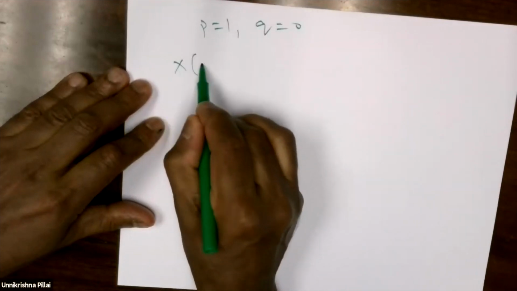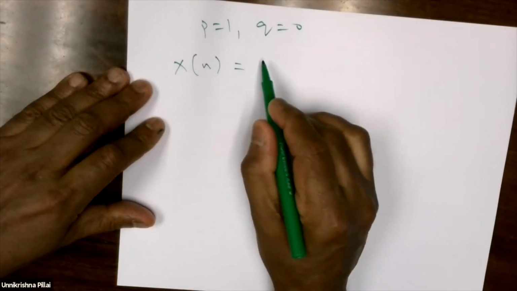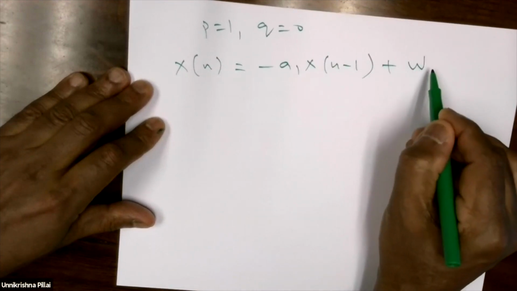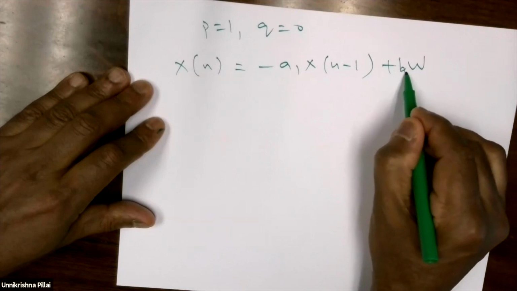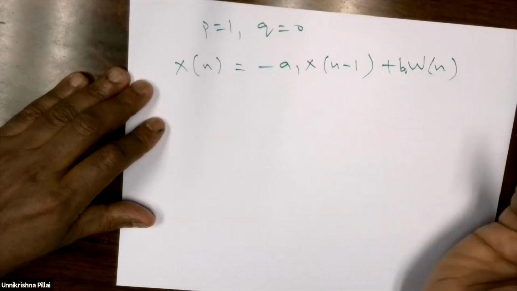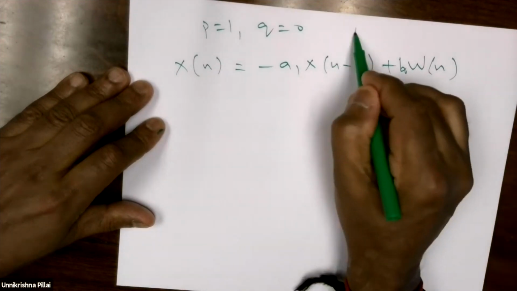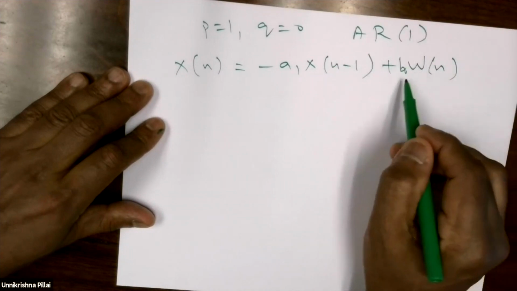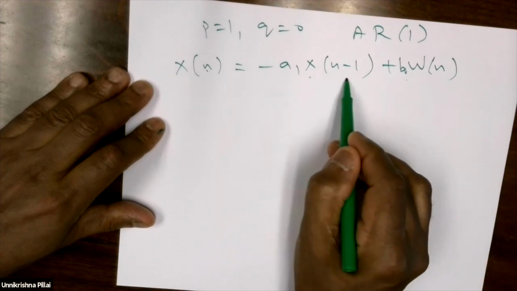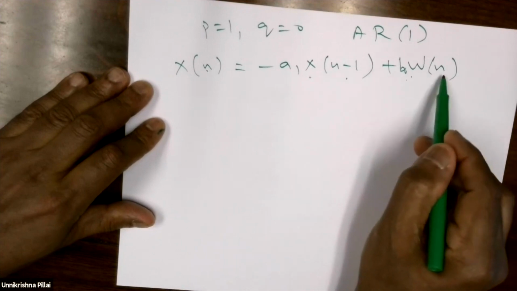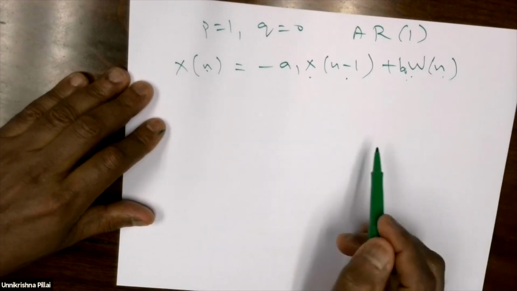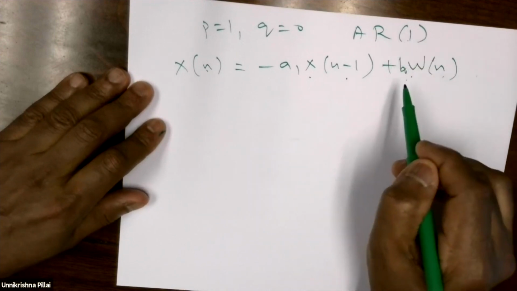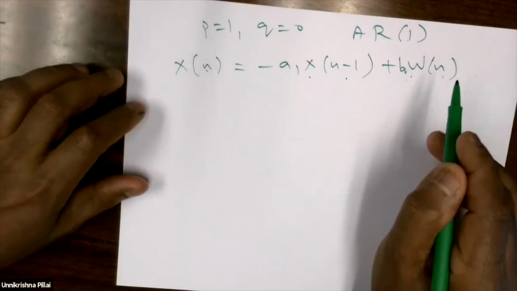So x of n will be minus a1 x of n minus 1 plus b0 w of n. This is called AR(1), because q is 0, so it depends on the previous value of the output and the current input. This is the simplest one. If it is ARMA(1,1), you have one more term here, etc. We'll study all this generally.